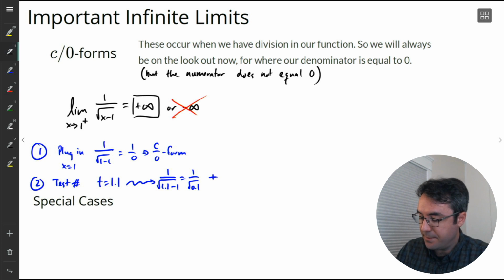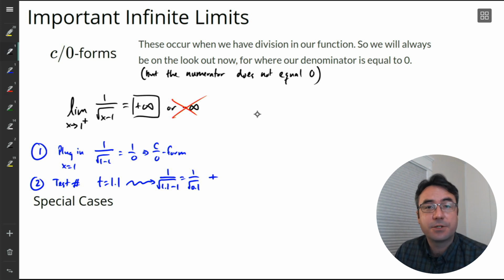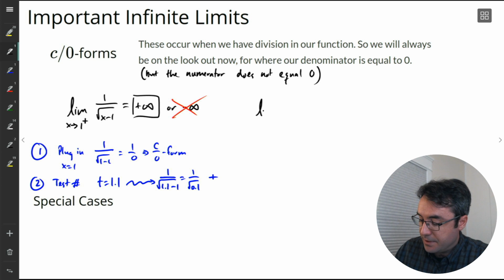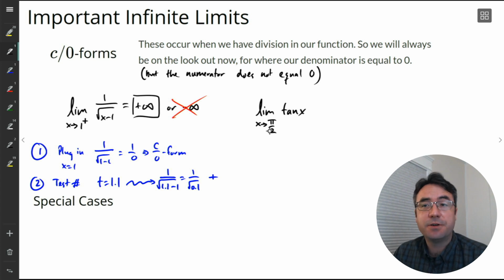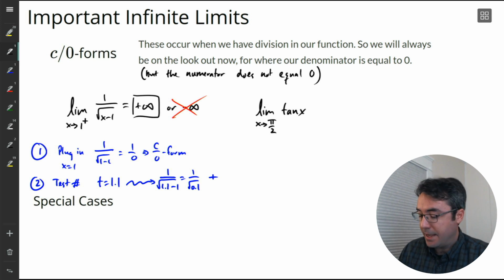Now you can play the same game with a lot of our trig functions as well. It's not as explicitly written, but you can look at, say, tangent. And tangent has a bunch of vertical asymptotes. It actually has a whole bunch repeated. And you could look at, say, what happens to tangent of x as x approaches pi over 2 from, say, the left or the right.